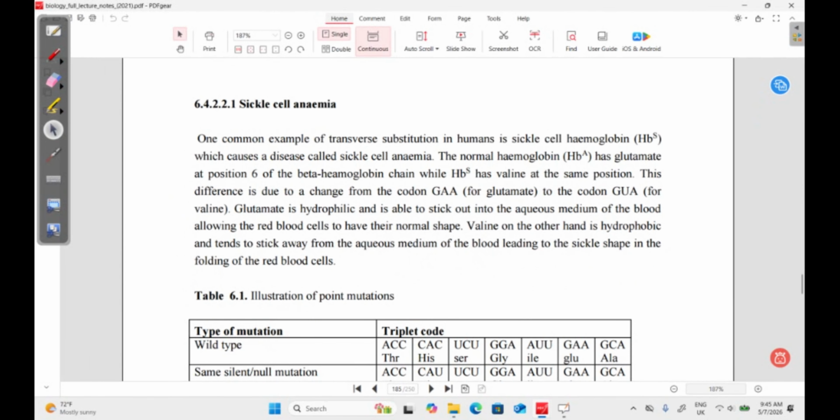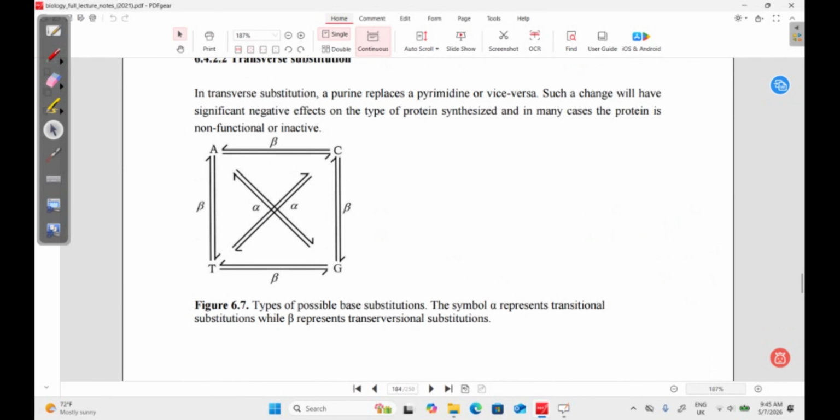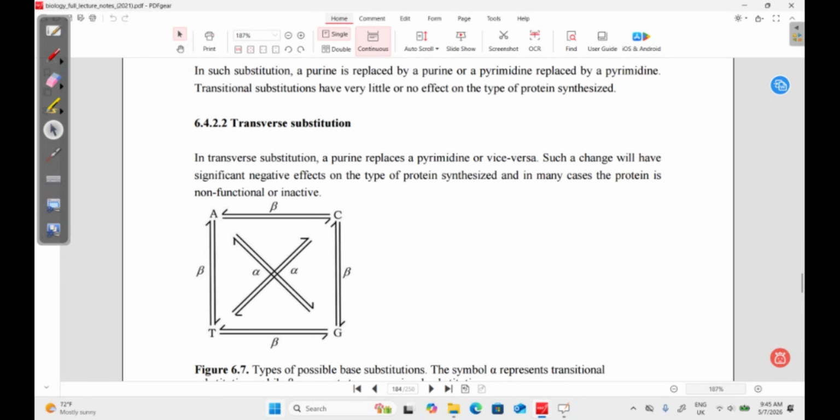So we are going to go to a point mutation and see what happens. I want you to see an image.